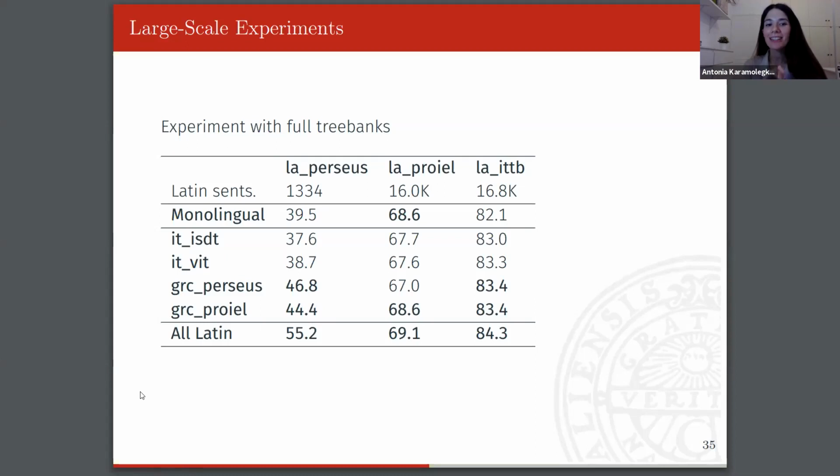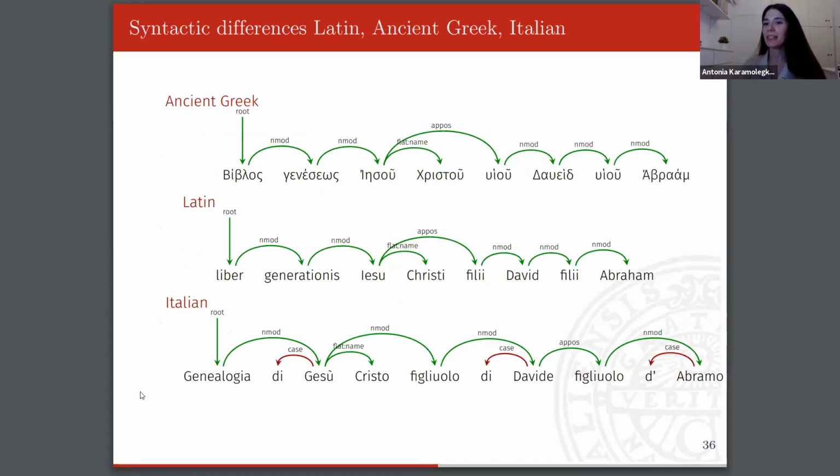Now let's take a look at an example demonstrating how ancient Greek and Latin could be similar in syntax. This is the same sentence coming from the New Testament, from the PROIEL dataset available on GitHub. Then the same sentence is in Latin, and it's a word-to-word translation.